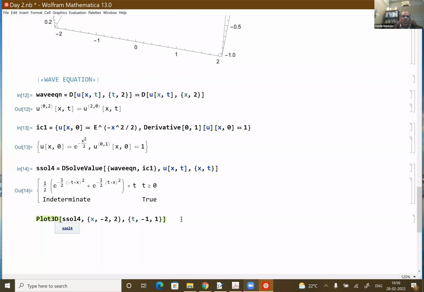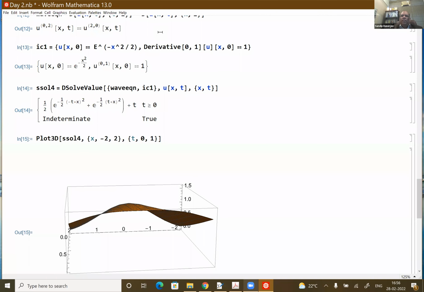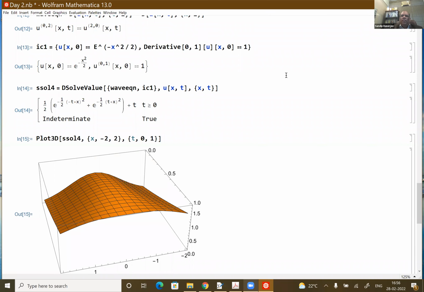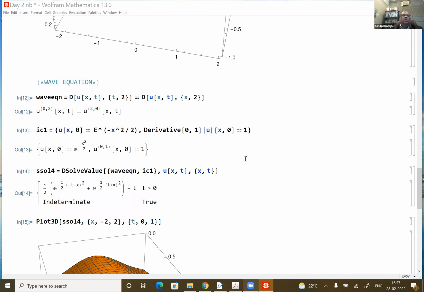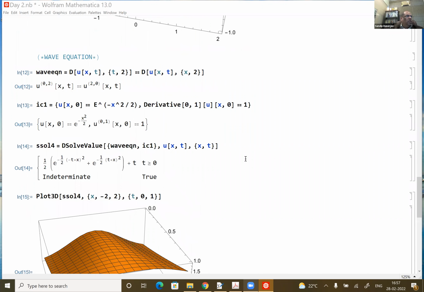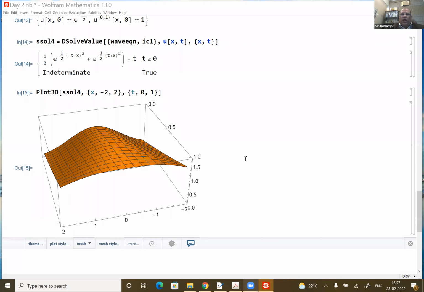And I get a solution. Well, Mathematica will be able to solve most nonlinear PDEs, even any numerical solution. Okay, so this is the analytical solution. You can go for numerical solution also. Let me check. Just a minute.